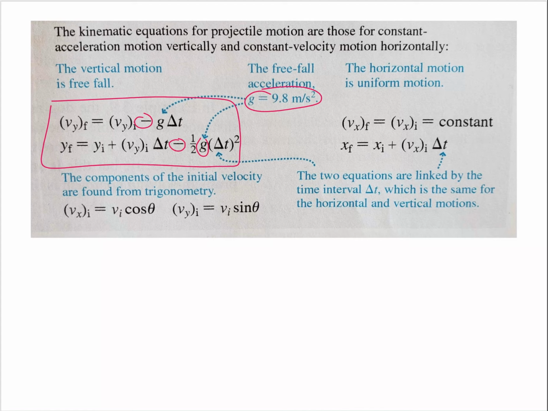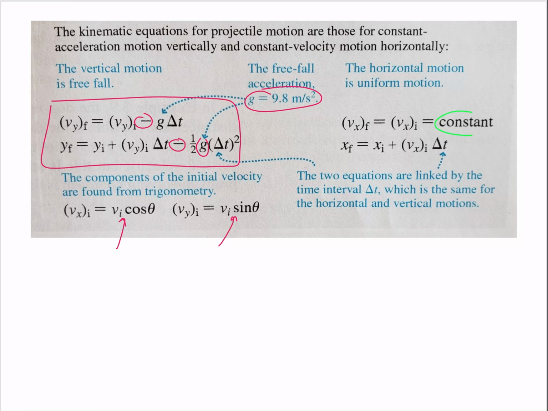We also have the components. These guys right here we find by using trig. So set up your triangle, look at your reference angle, and then figure out what your trig is going to lead you to. Now, the horizontal motion, the uniform motion. We have velocity in the x direction final equals velocity in the x direction initial.